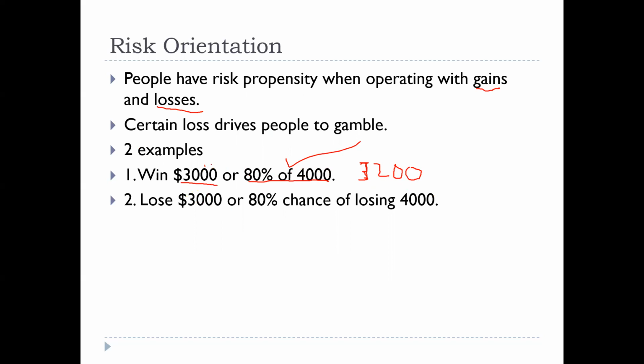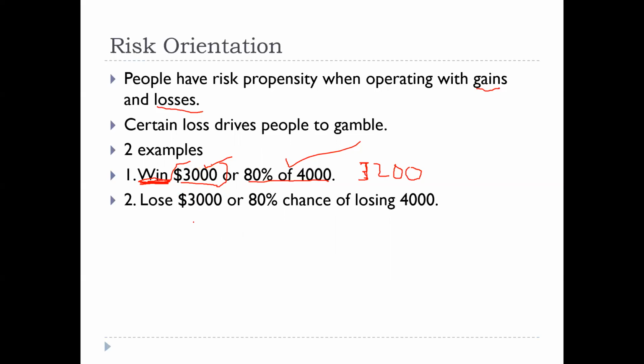But most people pick this. And why is that? Well, we're thinking about this as winning something, so we have evaluated this in terms of gains. And when we evaluate things in terms of gains, we tend to pick the more certain or the less risky option. And this $3,000 here is the less risky option.